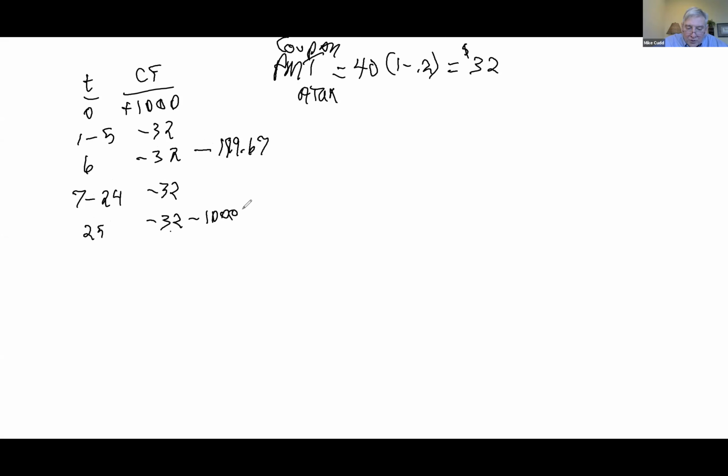So really what they expect to have to do is make the coupon payments all 25 years, also have a cash outflow associated with exercise of the warrants in year 6, and then when the bonds mature, they have to pay the face value.